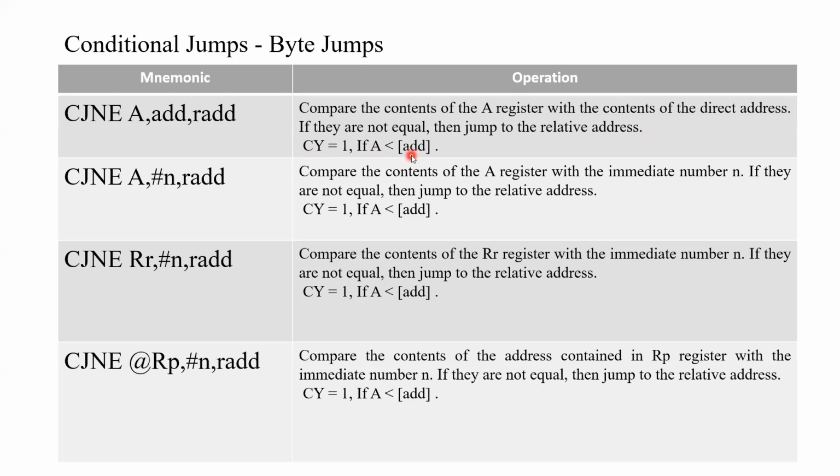In fact, for the data transfer instructions, I've explained how this instruction works. For finding the largest number, the smallest number, and arranging in ascending and descending order, we used this CJNE instruction, and I showed how the carry flag is set. Similarly, compare jump if not equal: if the contents of the accumulator are not equal to the immediate number, jump to the relative address.